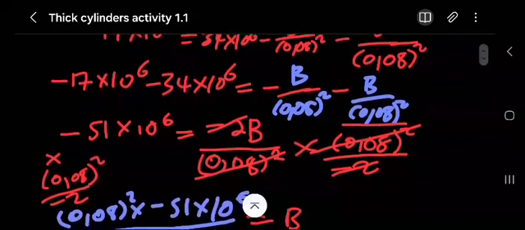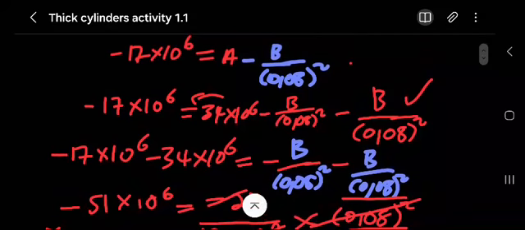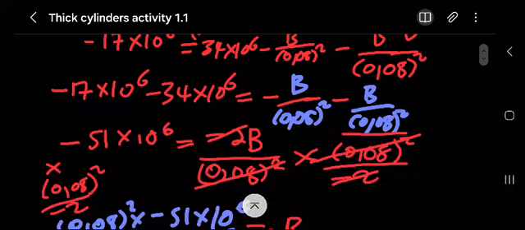Yes, then we punch that side. I said negative 17 because this side it was negative, isn't it? Negative 17 times 10 to the power of 6 minus 34 times 10 to the power of 6. Yeah, I got this. Okay, which is fine.